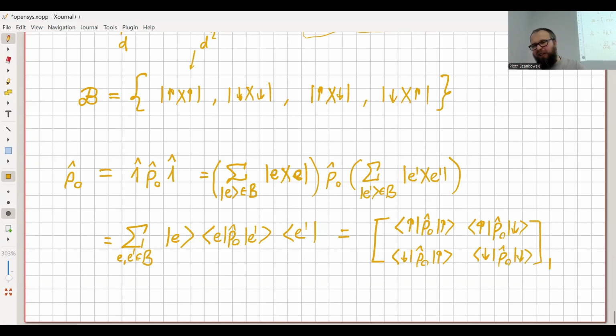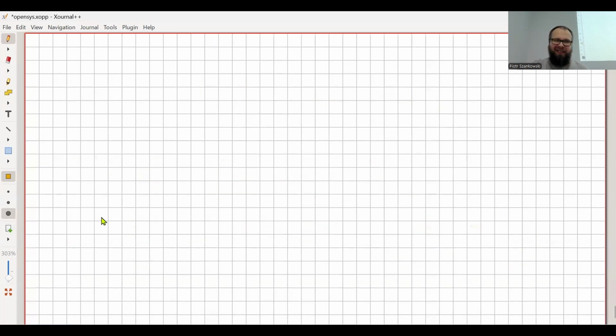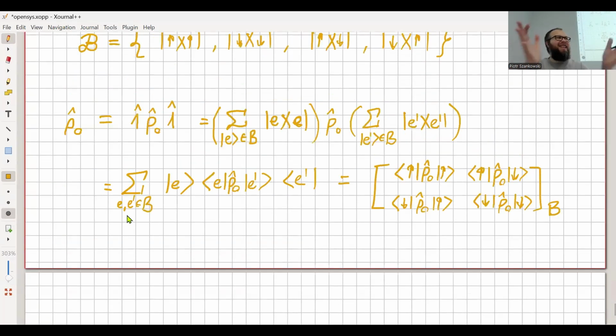Right, so this would be a matrix representation in a basis B. But this is the standard way of writing it. We treat a density matrix as an operator, but we can also treat it as a vector.